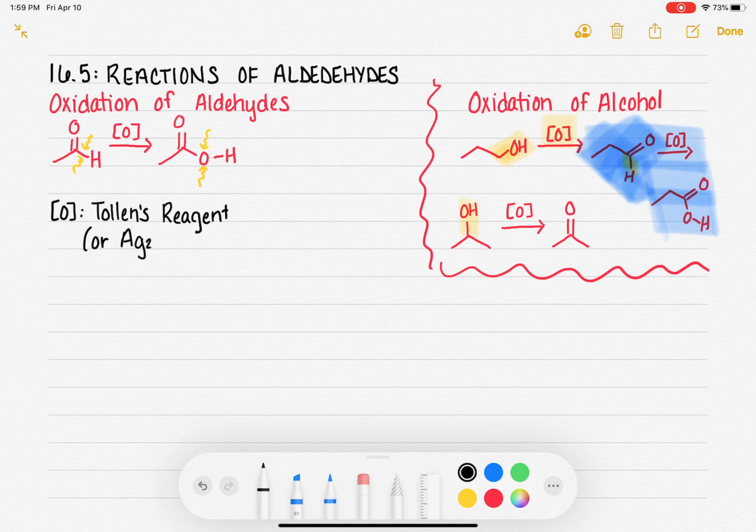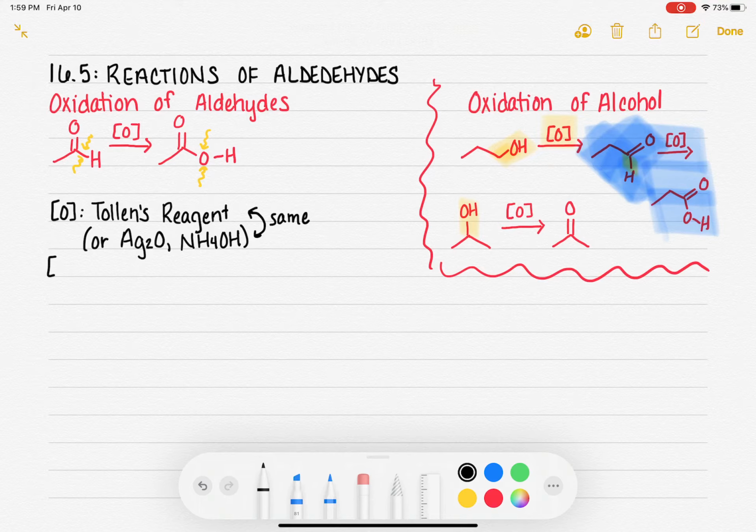The formula for Tollens reagent is Ag2O in NH4OH. So these two are the same thing. One is just referring to it by its name, and the other is referring to it by its molecular formula.